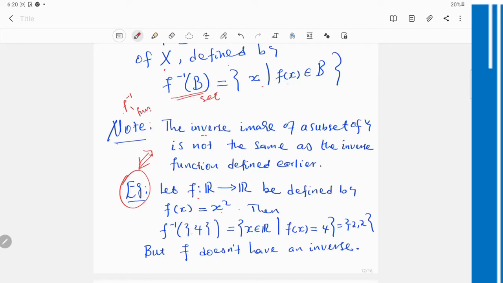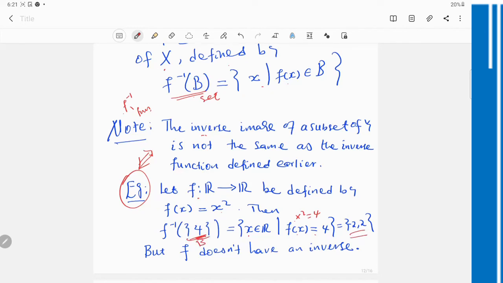So what is f inverse of {4}? f inverse of {4} is the set of all x such that f(x) equals 4. Because the set contains only 4, that means x squared equals 4. So the elements of R whose square equals 4 are these. As you see, this is a set.